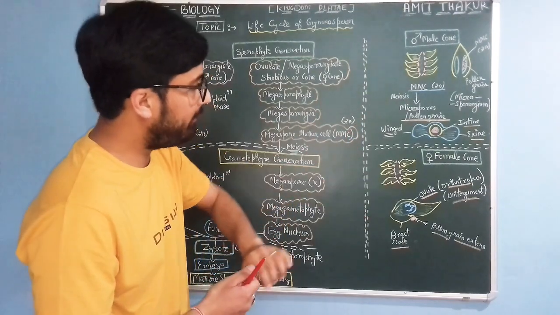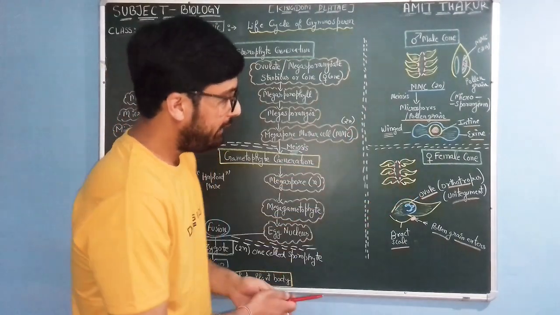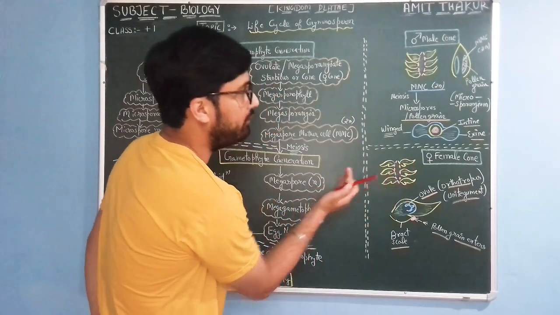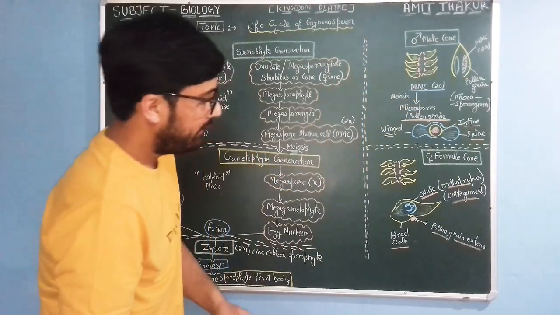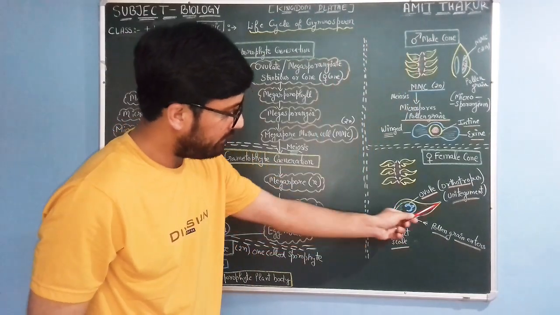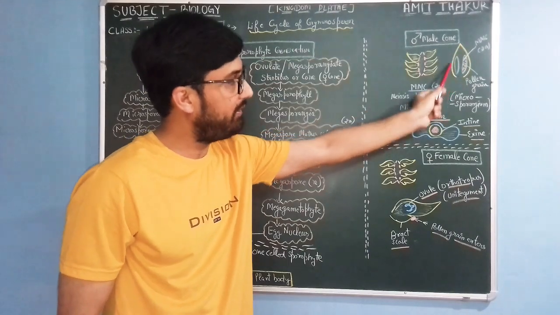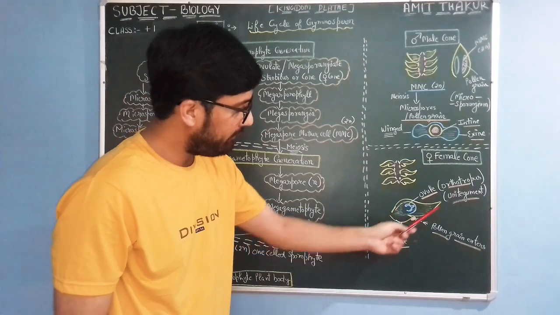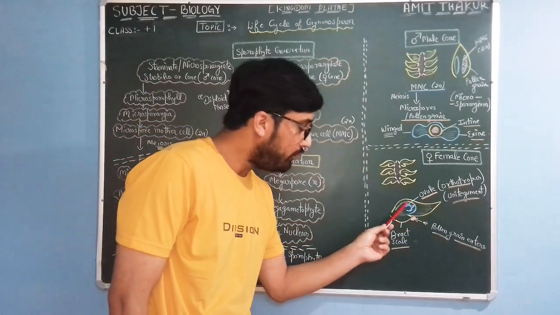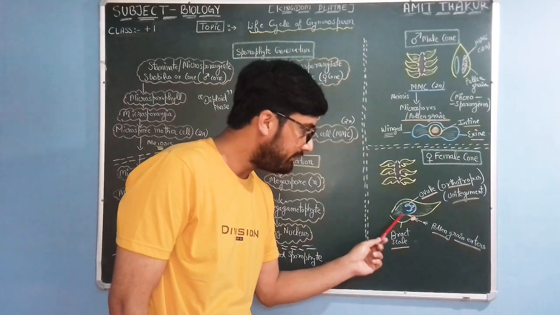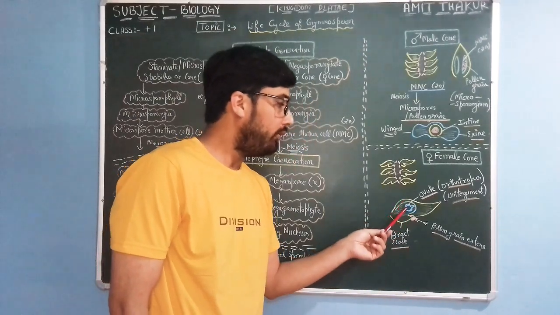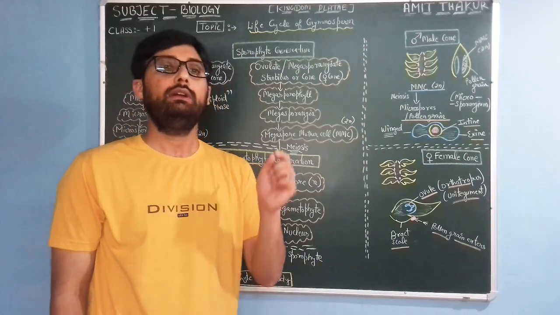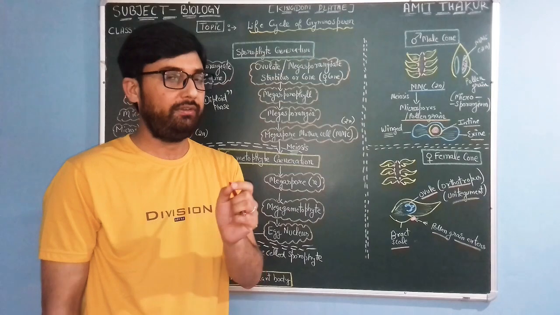And in case of the female cone, here you can see the structure of the megasporophyll is slightly different from that of the male cone. This is a zoomed-in structure. Here you can see an ovule formed inside this structure, and this ovule is of orthotropous type.